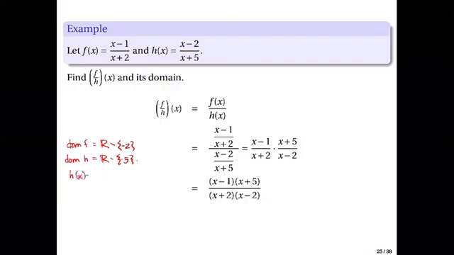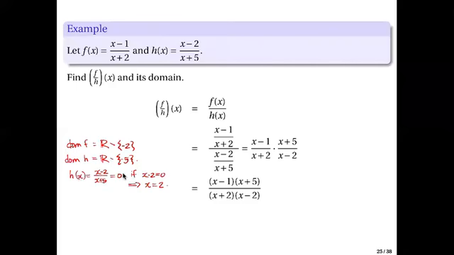You have h of x equals x minus 2 over x plus 5. This is equal to 0 if x minus 2 equals 0, which implies that x is equal to 2. Okay?